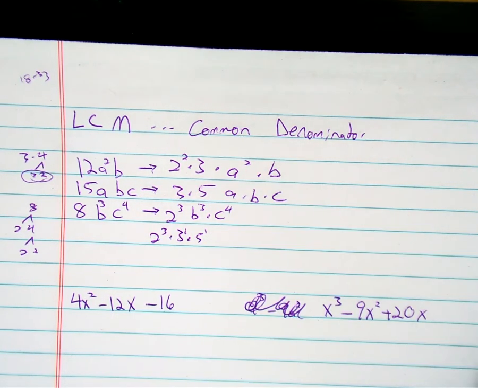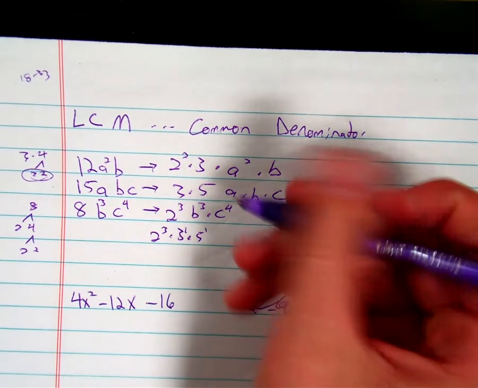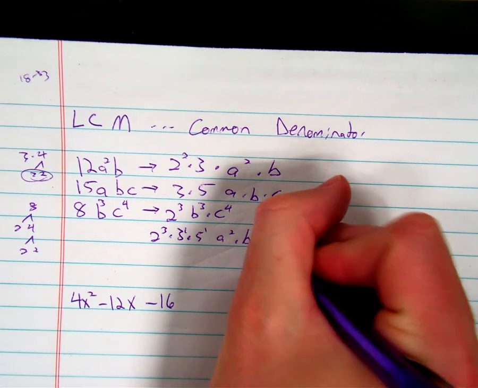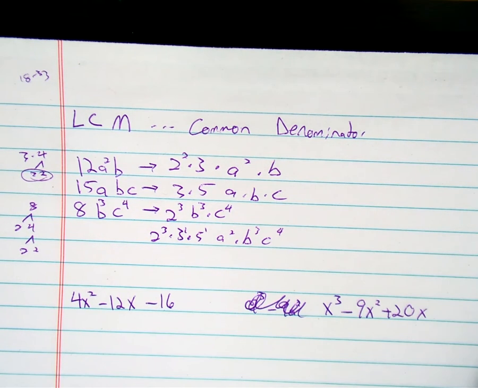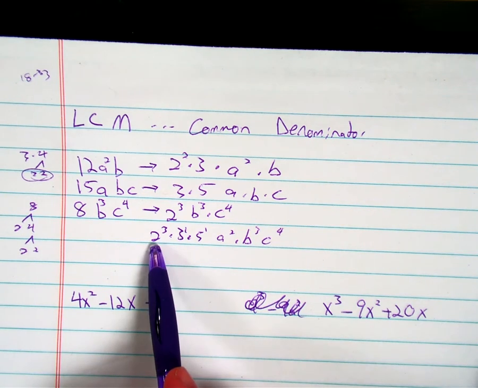Now the letters, I have an a squared, that's the highest power of a. B to the third, we're going to use b to the third. C and c to the fourth, we use c to the fourth. Now we're going to multiply these out. 2 to the third is going to be 8.